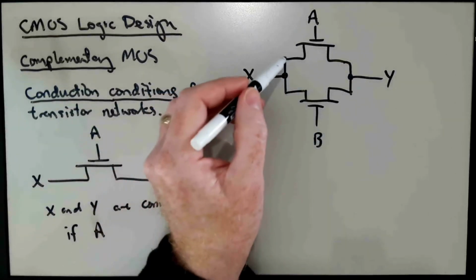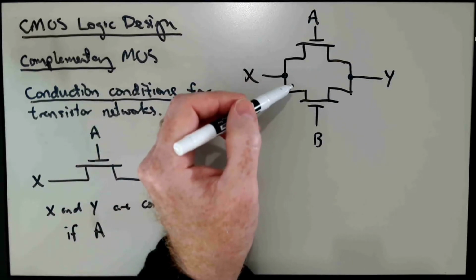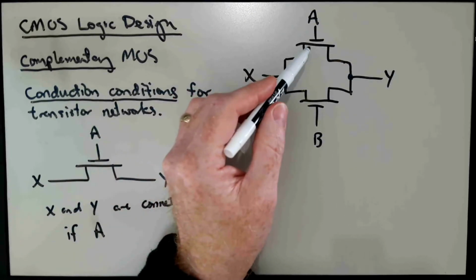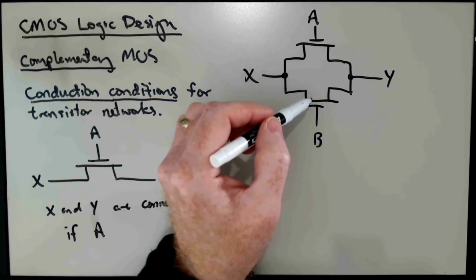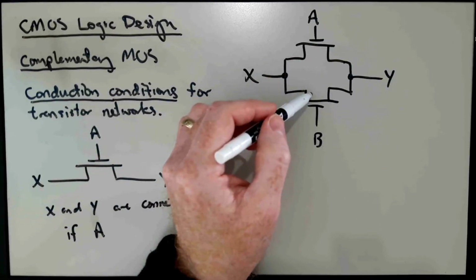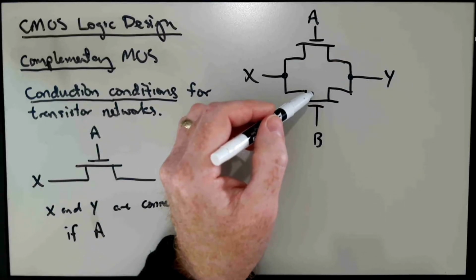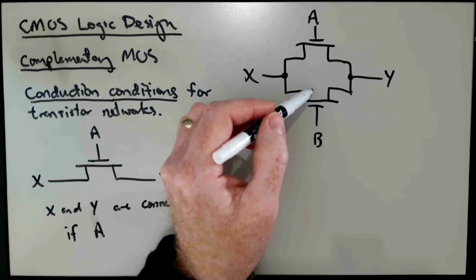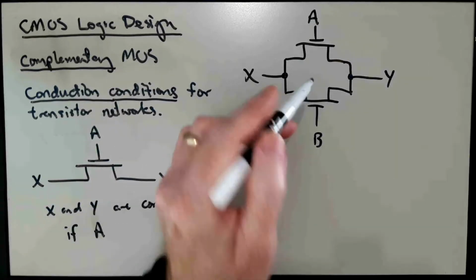So if we have these two transistors here in parallel, then we have conduction if either we have conduction through one of them, or if we have conduction through the other one, or if we have conduction through both. And so that corresponds to the logical operation of disjunction or logical OR.